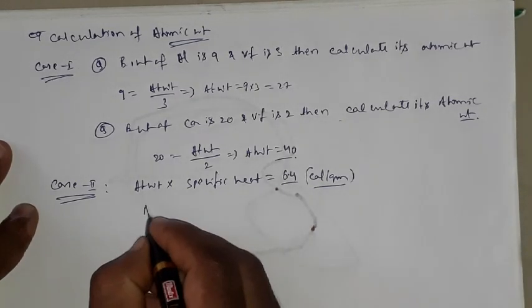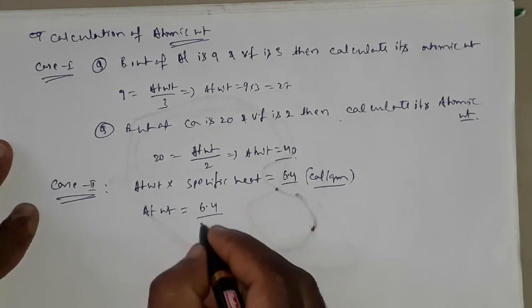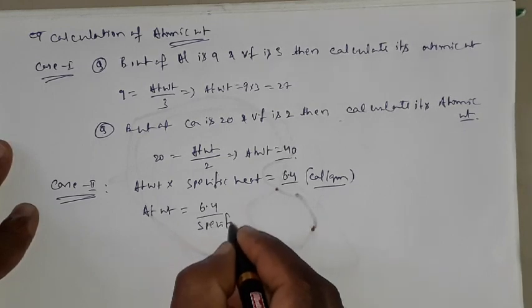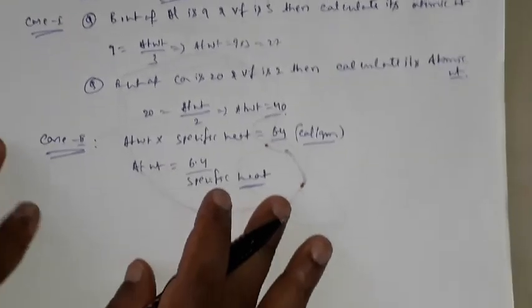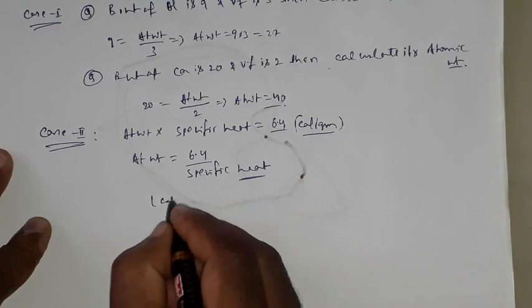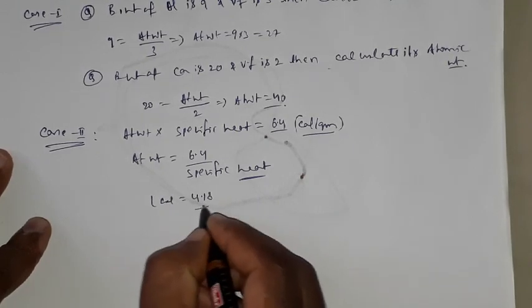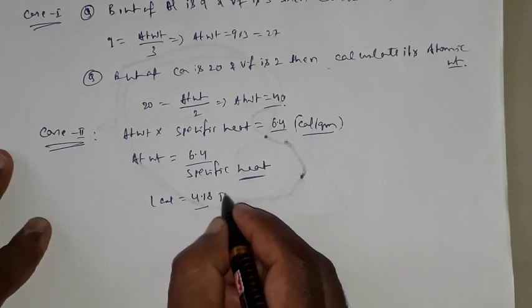Now atomic weight equals 6.4 by specific heat. Then 1 calorie equals 4.18 joules, that is nearly 4 joules.